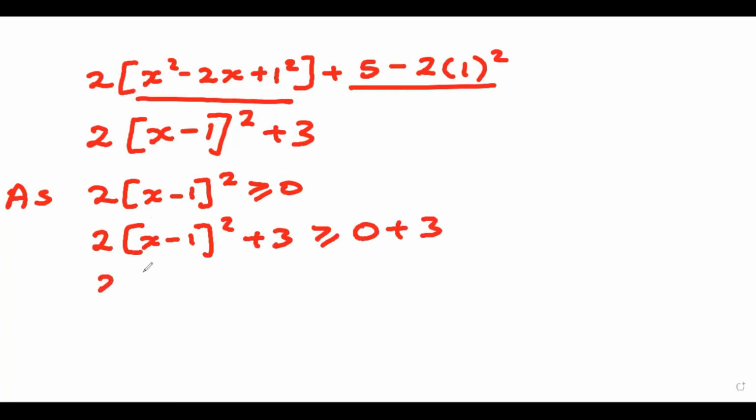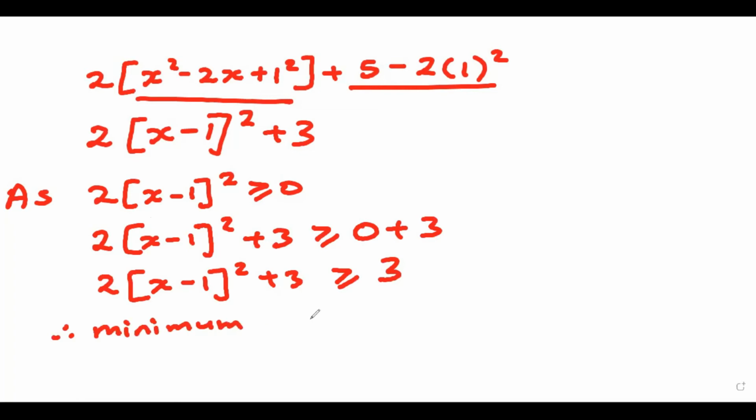So that means (2x minus 1) squared plus 3 is greater than or equal to 3. That means our minimum value is 3. And this occurs when x is equal to positive 1, because you're going to substitute a value here to ensure that you get 0 here.